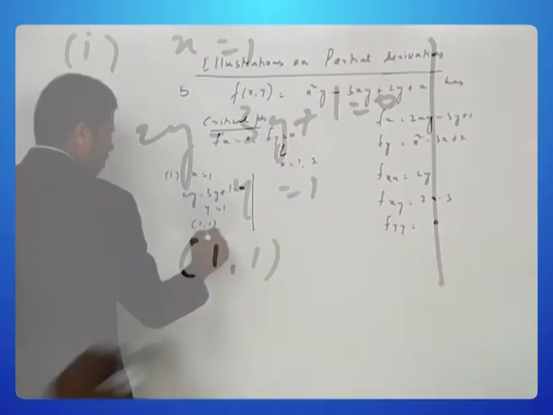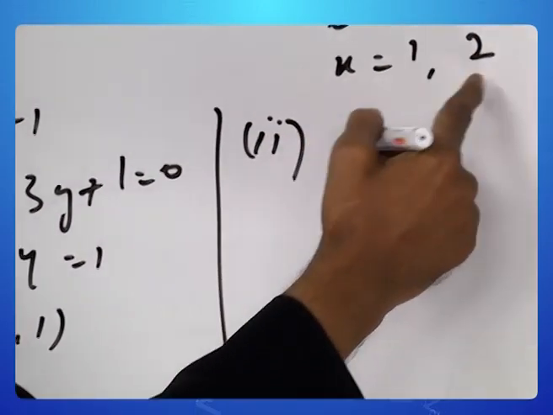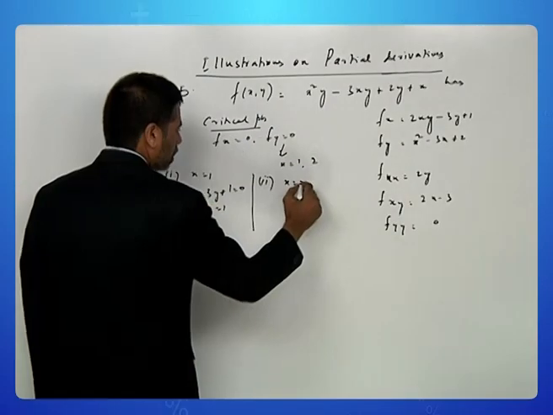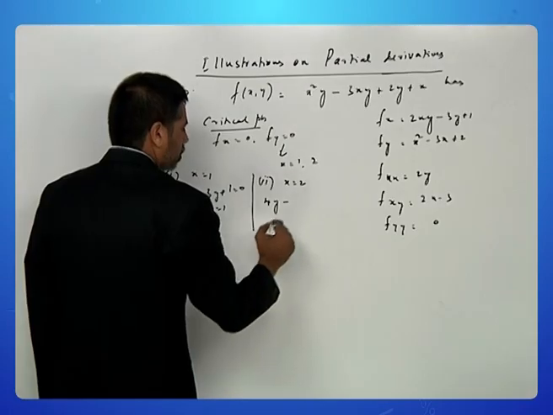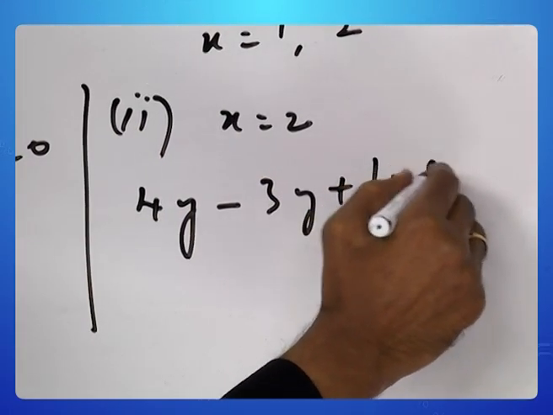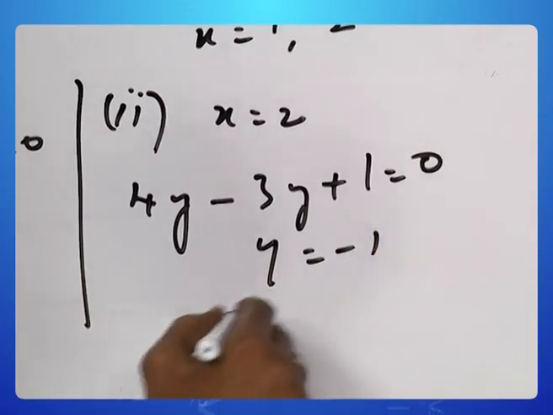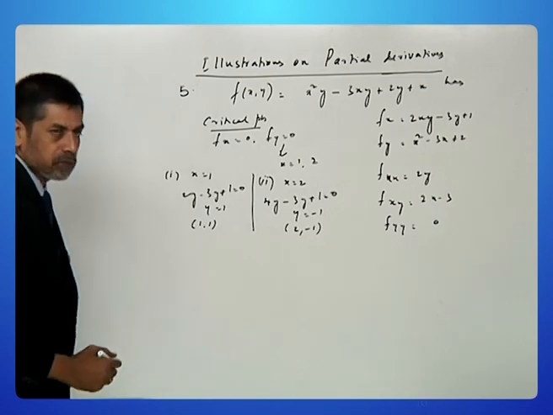So this gives the first critical point 1, 1. In the second case, when x is equal to 2, this gives 4y minus 3y plus 1 is equal to 0, giving y is equal to minus 1. So the second critical point is 2, minus 1.